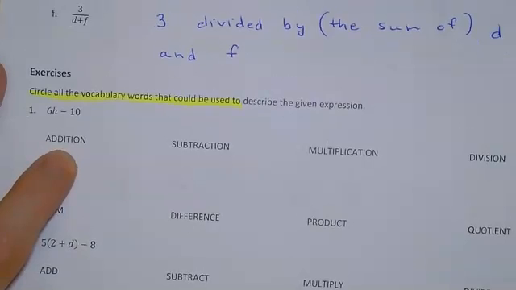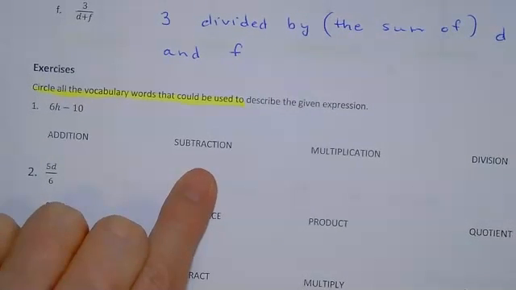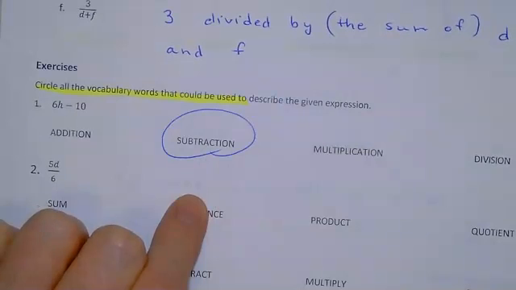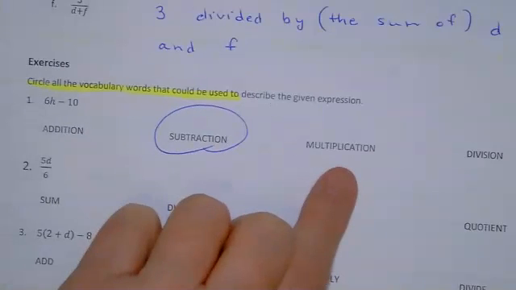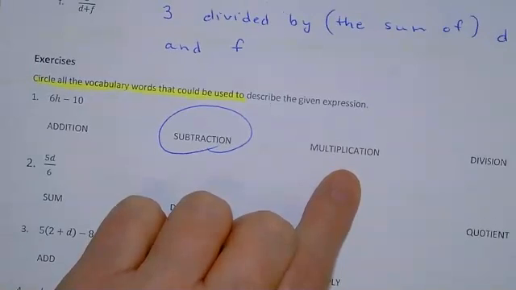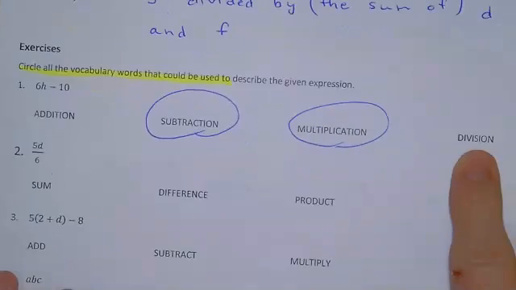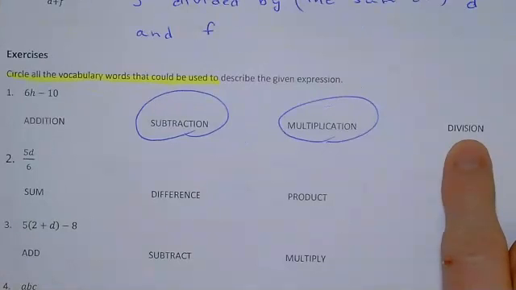No addition. Is there any subtraction in there? Circle that word. Is there any multiplication in there? Yes, 6H. Remember, a number and a letter next to each other with nothing in between means to multiply. Is there any division in there? Nope.